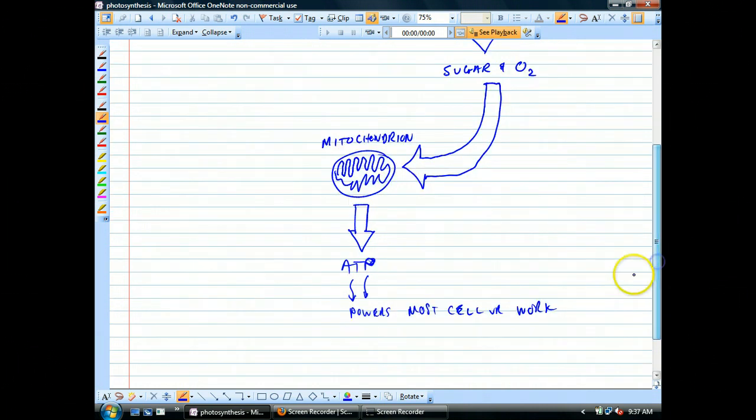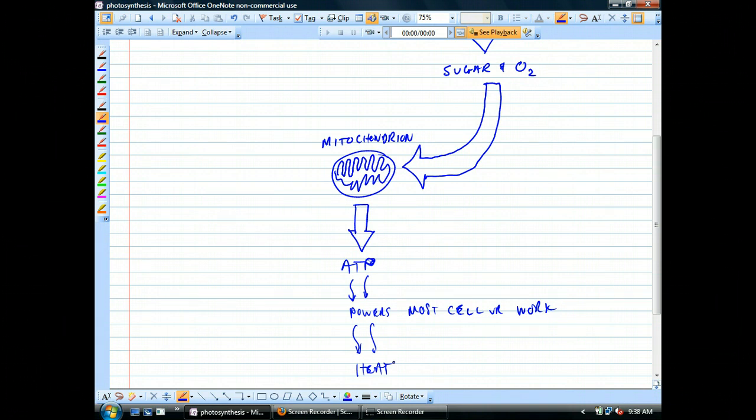And then it also produces heat as waste. And that's why your body is warm. Right? Your body stays warm because of this process. This is producing heat. I almost called it waste heat, but then I wanted to say it's not really waste. You need to keep warm. So our bodies are kind of using this.